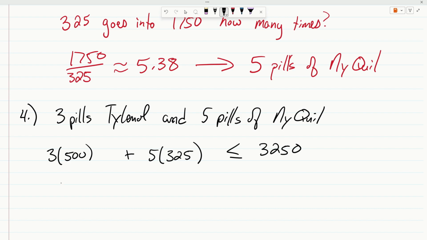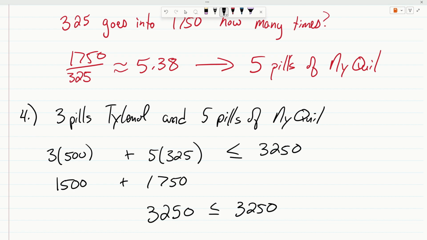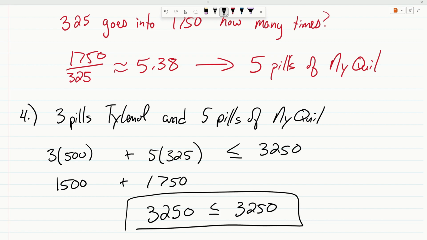So 1,500 plus 1,750 is exactly 3,250, which satisfies our maximum of 3,250 or less than that.